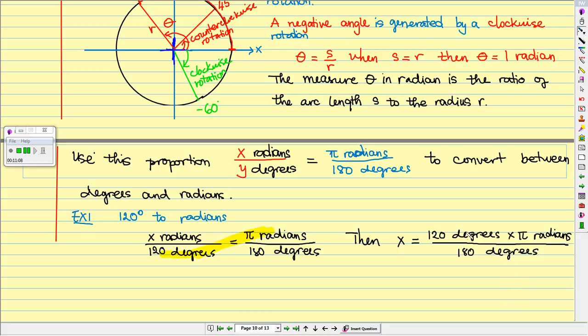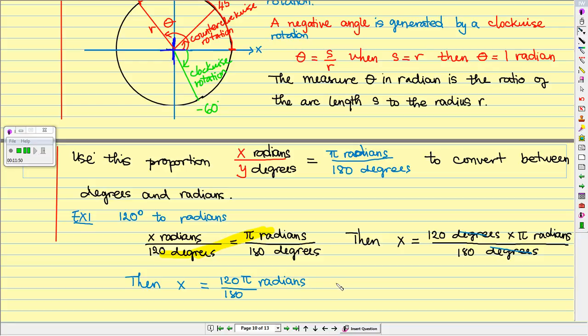So now let's simplify. The degrees unit is gone. So now the unit for x will be in radians, which is what we're looking for. So x equals 120 times pi divided by 180.